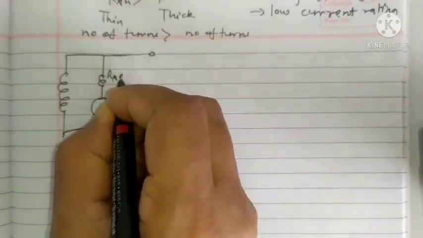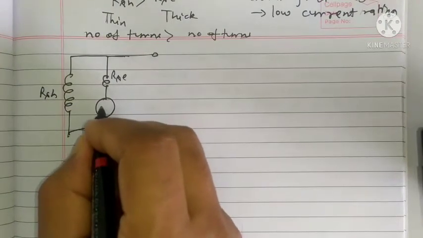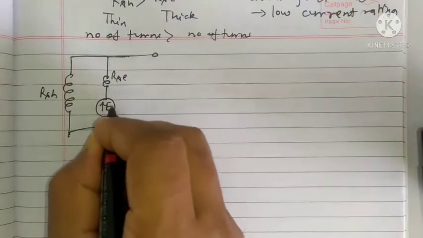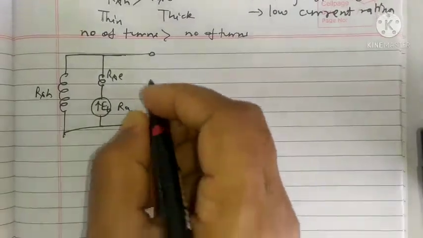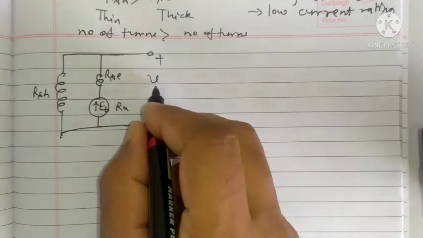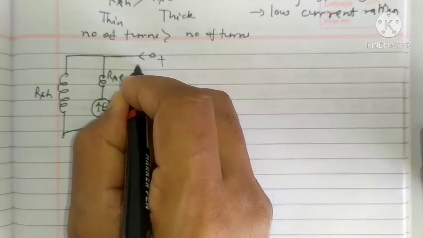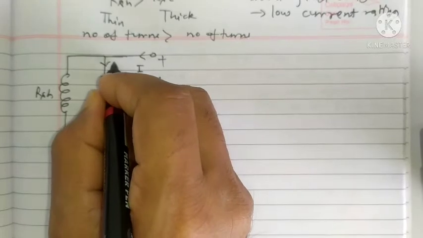This is series field winding resistance, and this is shunt field winding resistance, back EMF EB, armature resistance RA, and supply voltage is V. Okay, current will be I or IL. This current will distribute here.